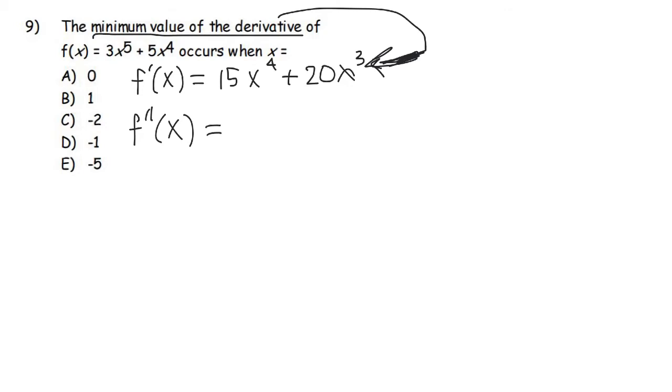So let's look. 4 times 15, I believe that's 60 x cubed. Hey, we got a cubic function here, plus 60x squared. Well, that worked out kind of nice. And we really need to find a 0. That's the critical point of the first derivative. It looks like we can factor out 60x squared.